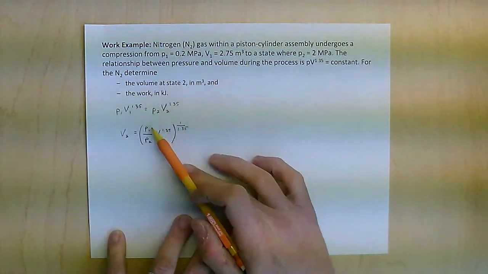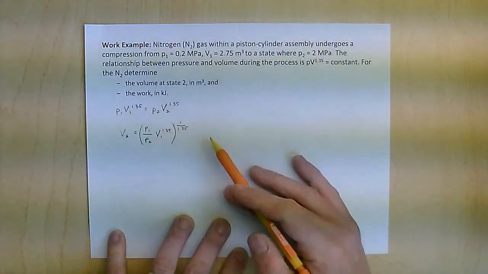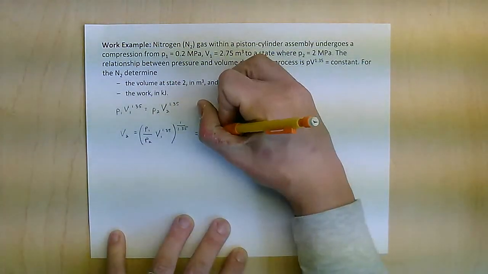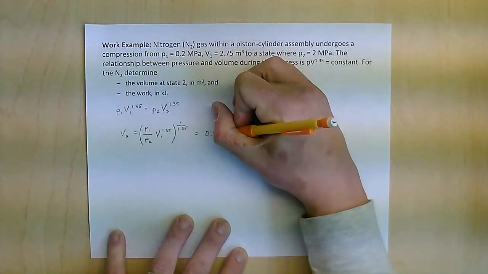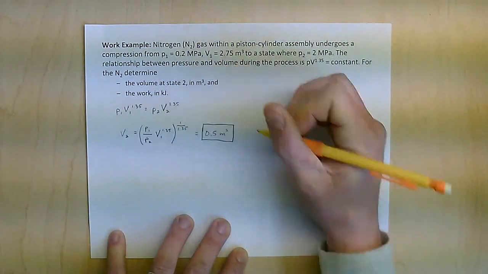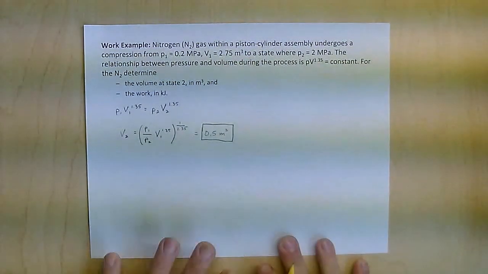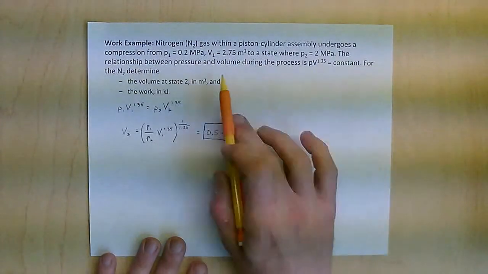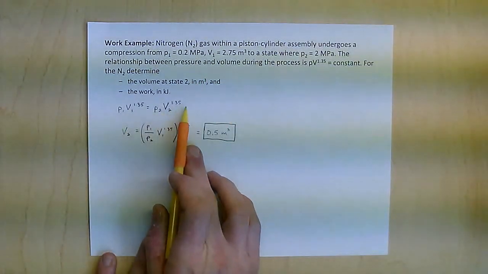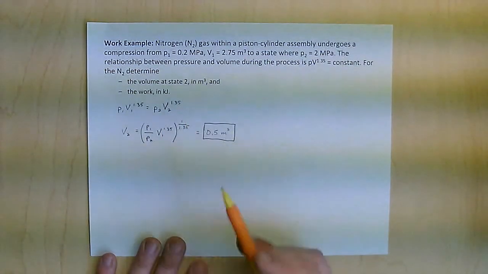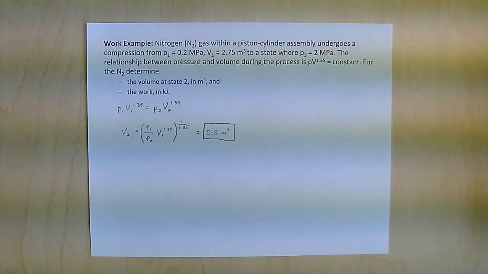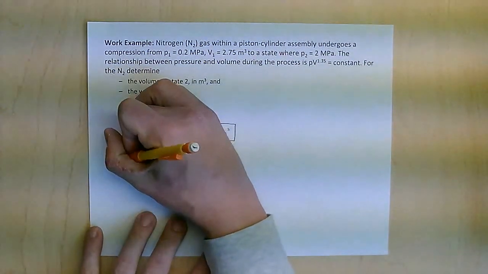So then plugging in P1, P2, V1, I can then find V2, and I find V2 is equal to a half cubic meter. Okay, so again, that one's pretty simple. Knowing that this is constant, I just have the initial state equal the final state and solve for V2 algebraically. Pretty straightforward.